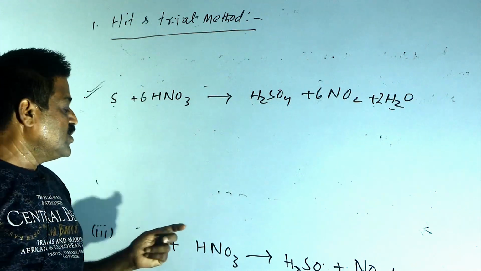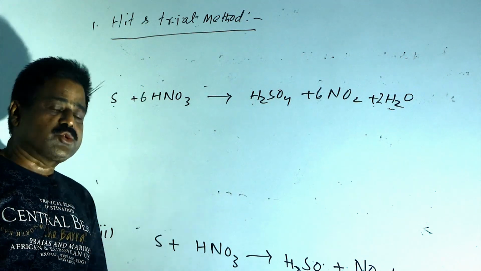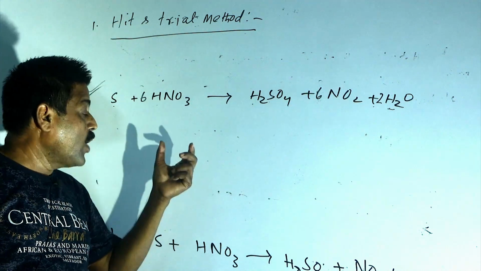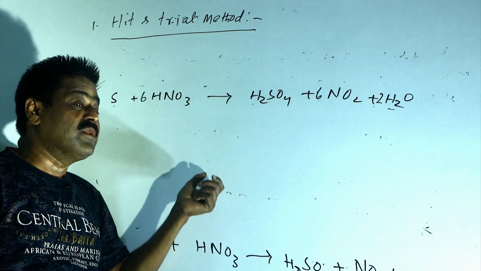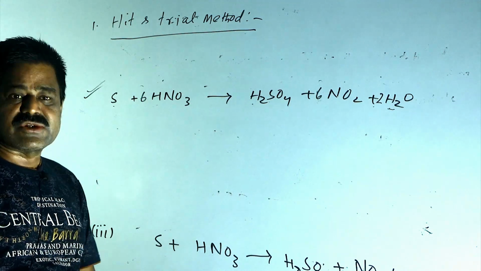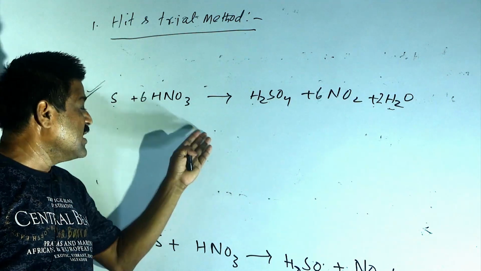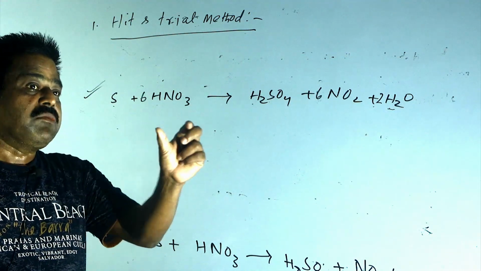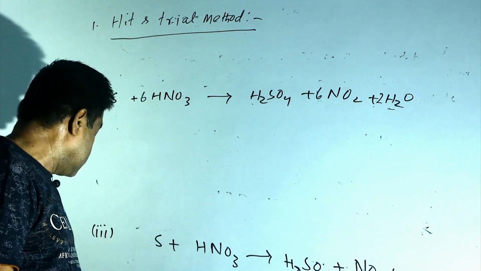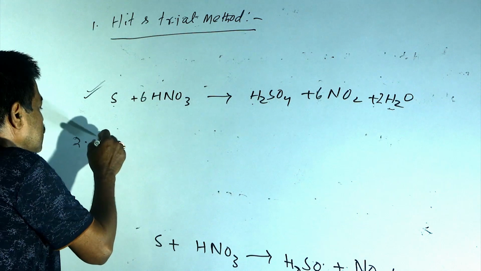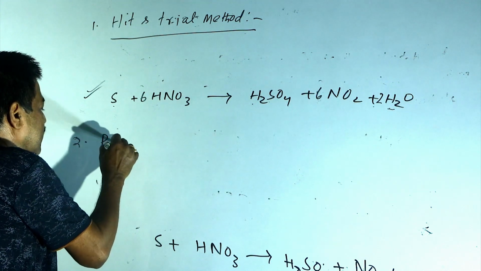Somewhere or other, this hit and trial method is not suitable to balance all types of equations. Simple equations can be balanced by simple integers, but this type of equation needs some other method to help balance it. These methods are number 2, that is the partial equation method.